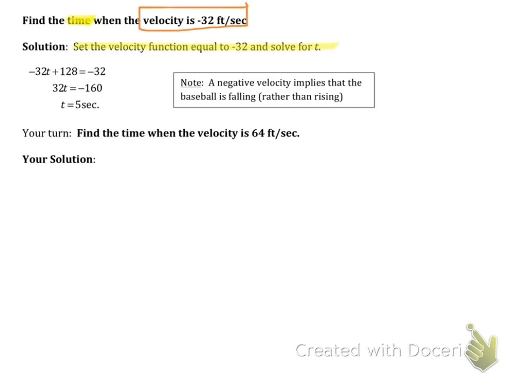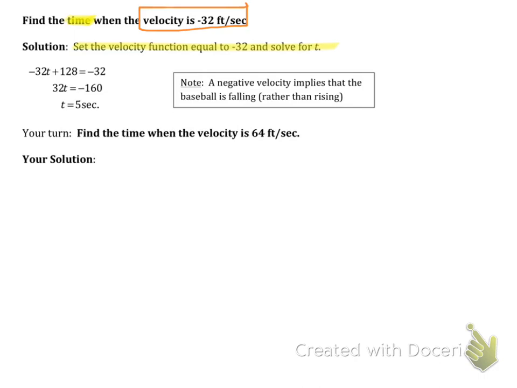However, you have to make sure you know what they're asking for. If I want the t when the ball reaches a certain height, then it's just the original function, and we solve for t. If I want time with the velocity, and you haven't found the derivative yet, you're going to have to do that. And if I ask you a question about time in terms of the acceleration, you're going to have to do the same thing, find the second derivative and then solve. So make sure you know what is being asked of you.